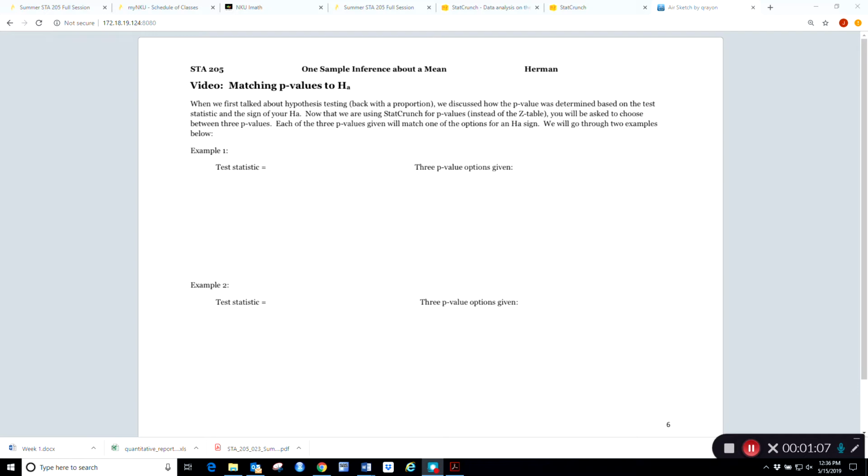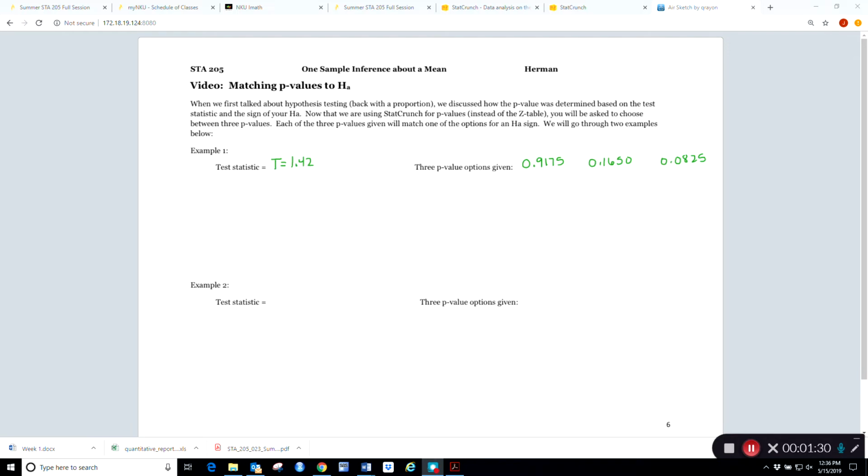So suppose that we have our test statistic, or our t, equal to 1.42. And I give you 3 p-value options of 0.9175, 0.1650, and 0.0825.